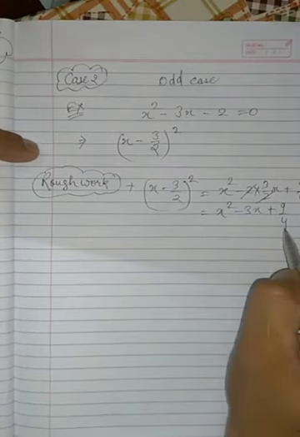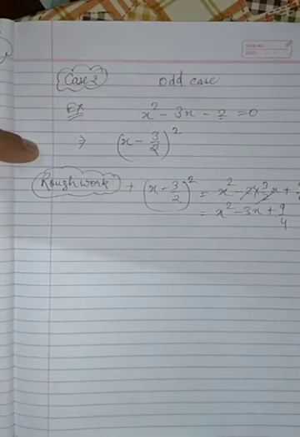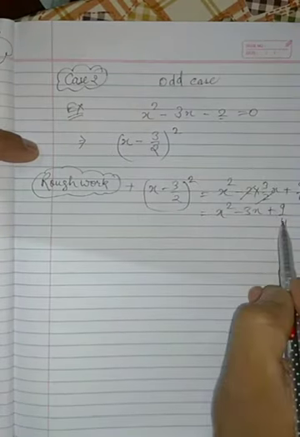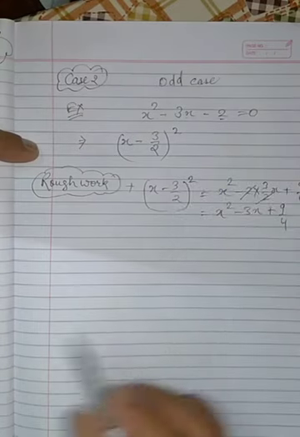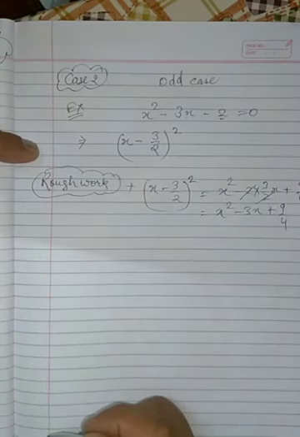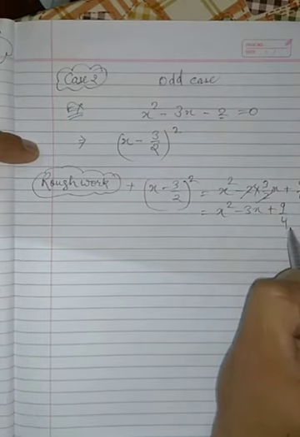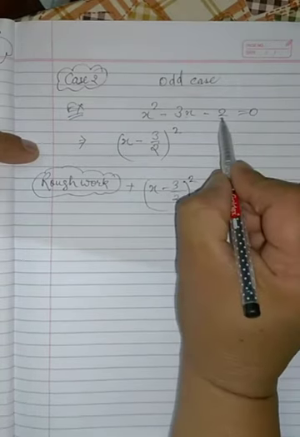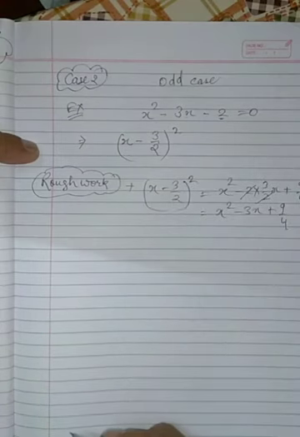So what we will do here to solve this part, we will see this number, because we have to equalize this number to this number. So here we have minus 2. Now since here in 9 upon 4 the denominator we have is 4, write this number also in the form with denominator 4.